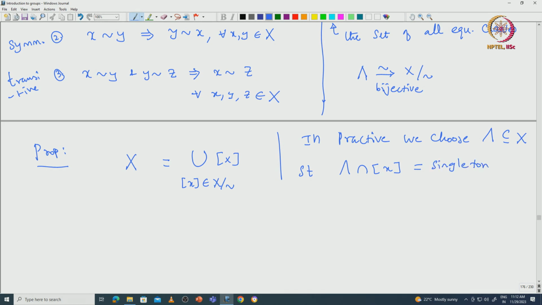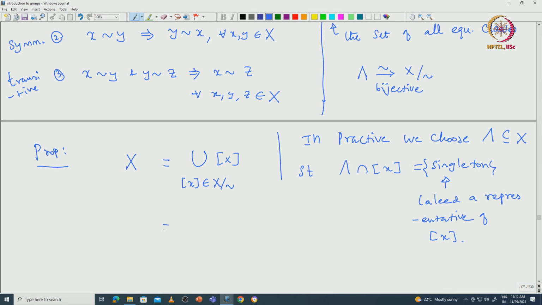Usually that singleton element we call a representative of that equivalence class. Okay.